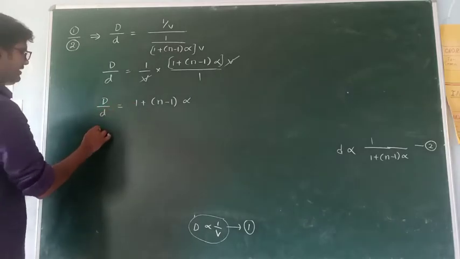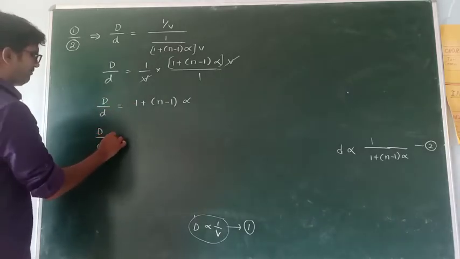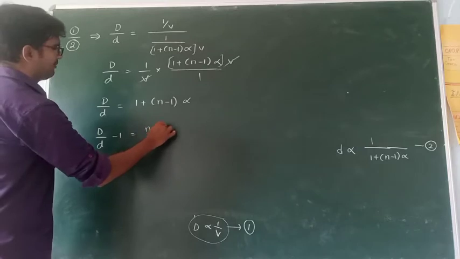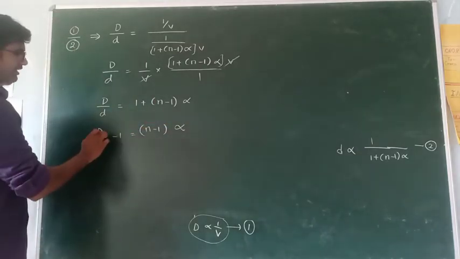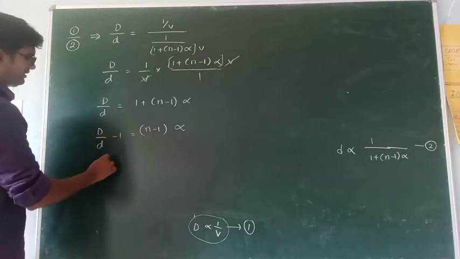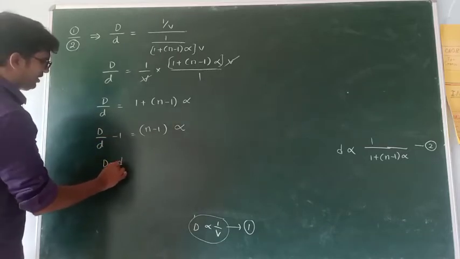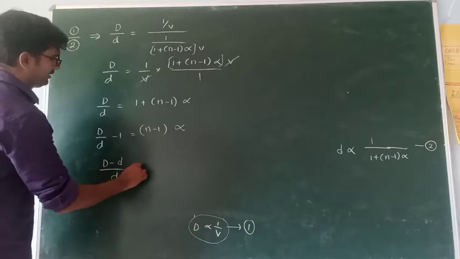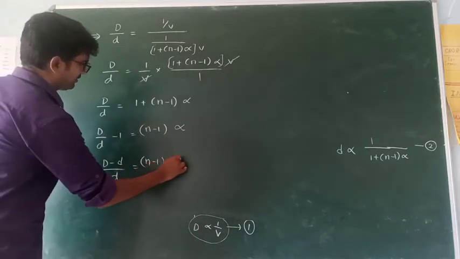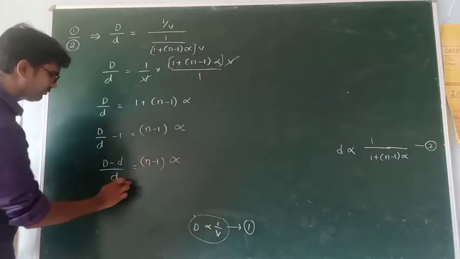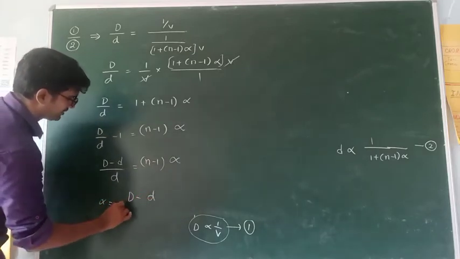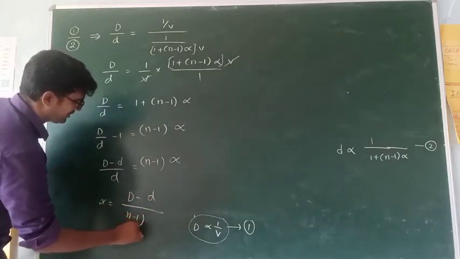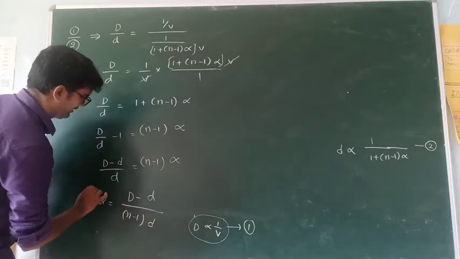Move this one to this side: D by d minus 1 is equal to (n minus 1) into alpha. So (D minus d) by d is equal to (n minus 1) into alpha. Then alpha is equal to (capital D minus small d) by (n minus 1) into d.